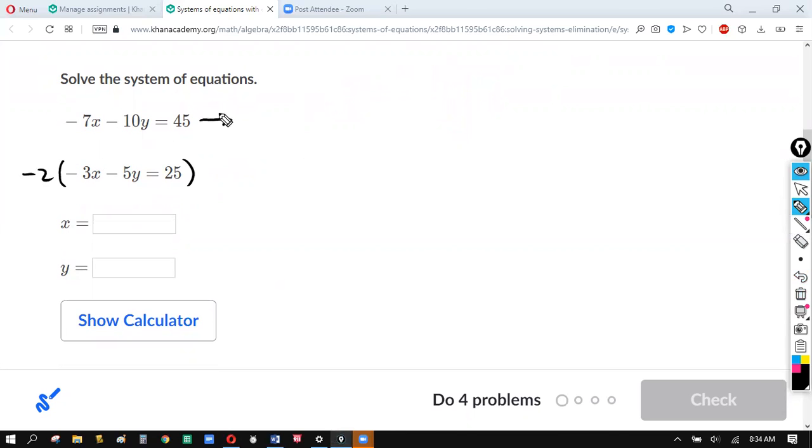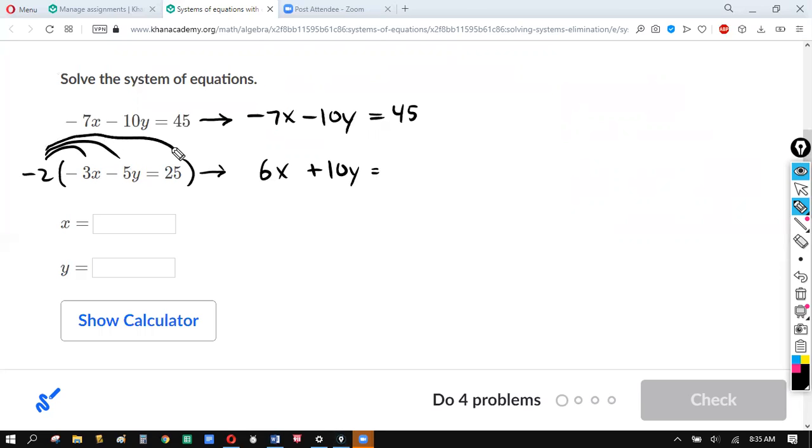Rewriting the top, I have negative 7x minus 10y equals 45. And on the bottom, negative 2 times negative 3x is positive 6x. Negative 2 times negative 5 is positive 10y. And negative 2 times 25 equals negative 50.